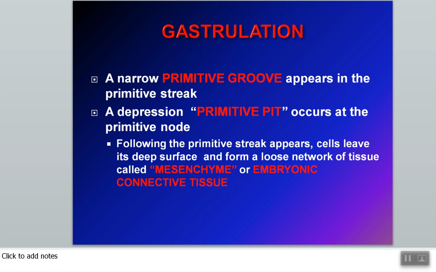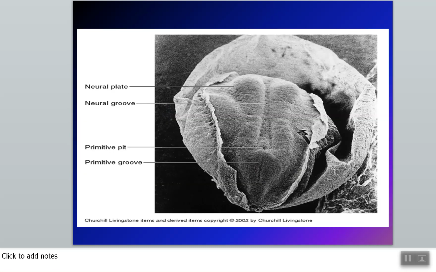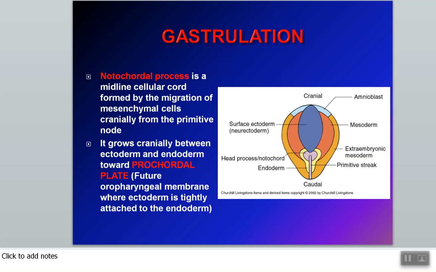This is one term. Another thing you can see here is a real picture, with the primitive groove and streak, and this is the primitive pit. You can see it clearly in the real picture.